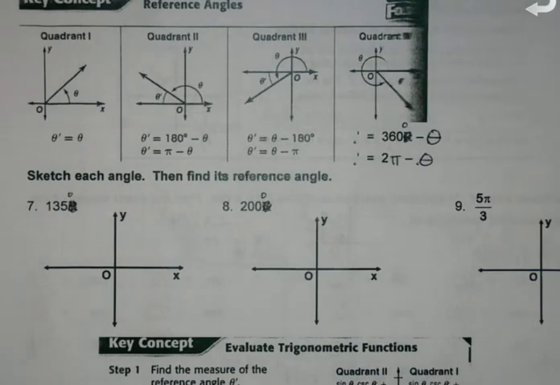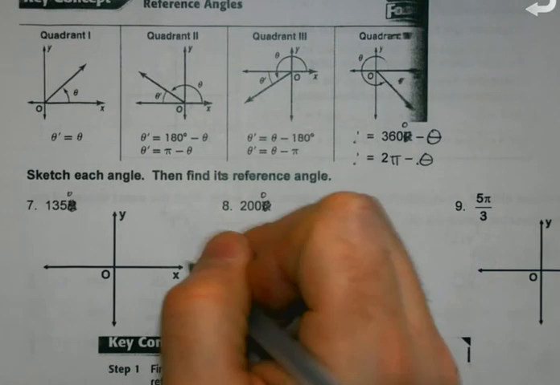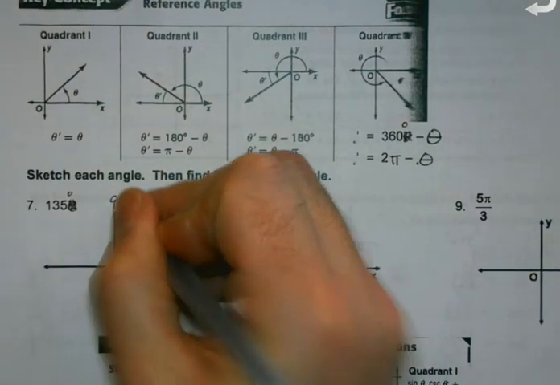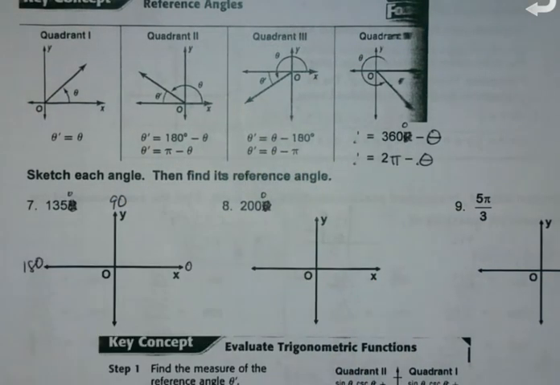What we'll be able to do soon is, without even having a calculator, figure out what these measurements are for my trig functions, because we're just going to use the special triangles that we dealt with before. So here's how this works. I need a 135-degree angle in this first one. I start looking and I'm going to be between 90 and 180.